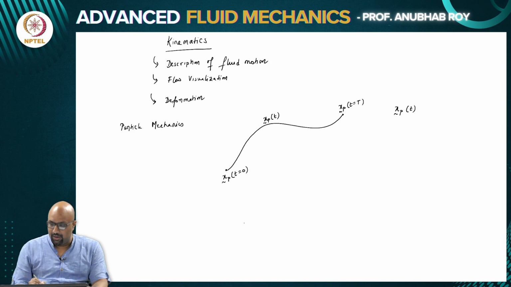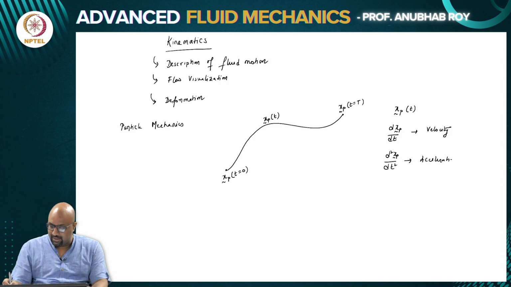And if I were to take a derivative of this with respect to time, that gives me my velocity. If I were to take a derivative once more, I get acceleration.